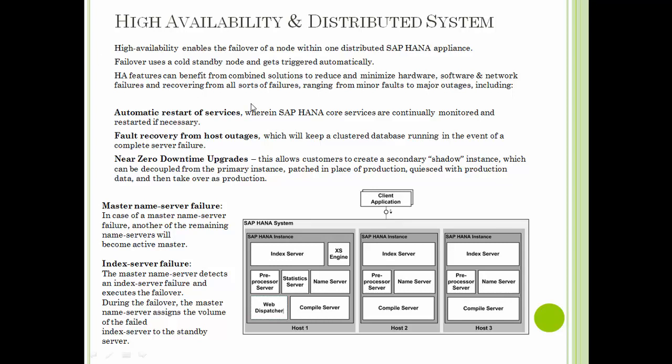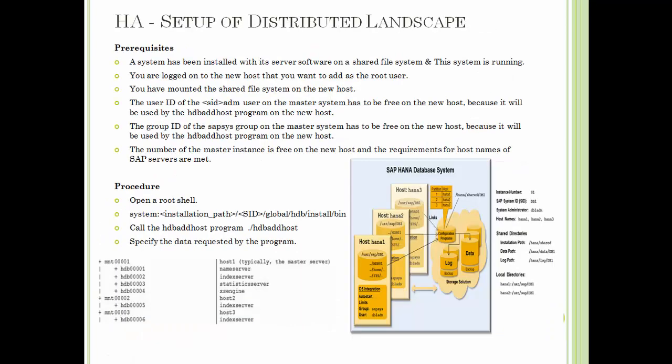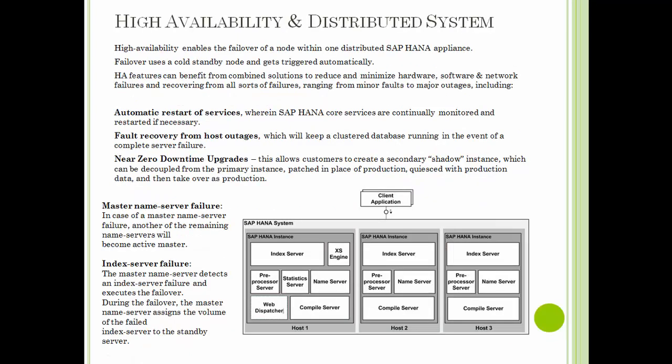And HA features are supported by native capabilities for recovering from all sorts of hardware, software, and network failures, and all sorts of failures ranging from minor faults to major outages. In this, we have certain techniques of achieving high availability.